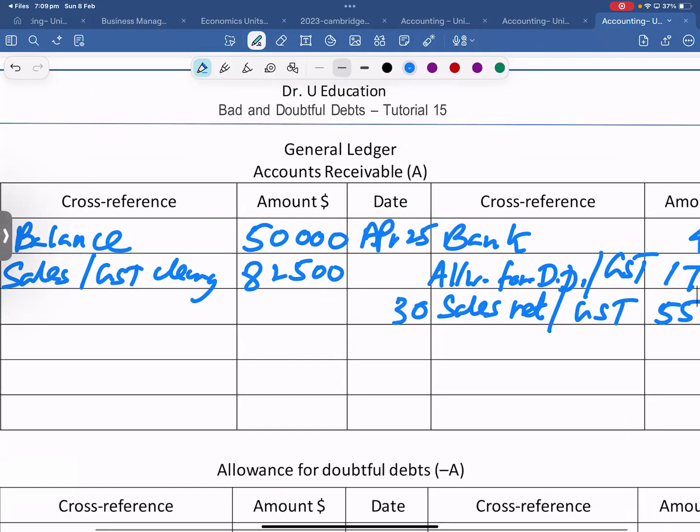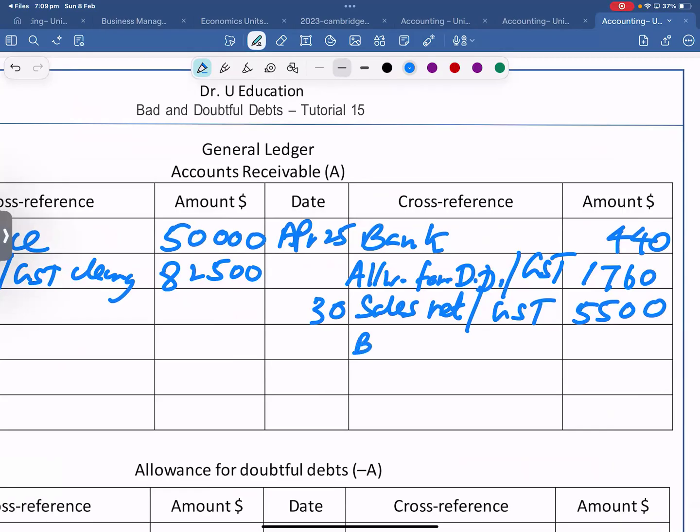So that means, guys, bank slash discount expense, 2,000. Settled 40,000.